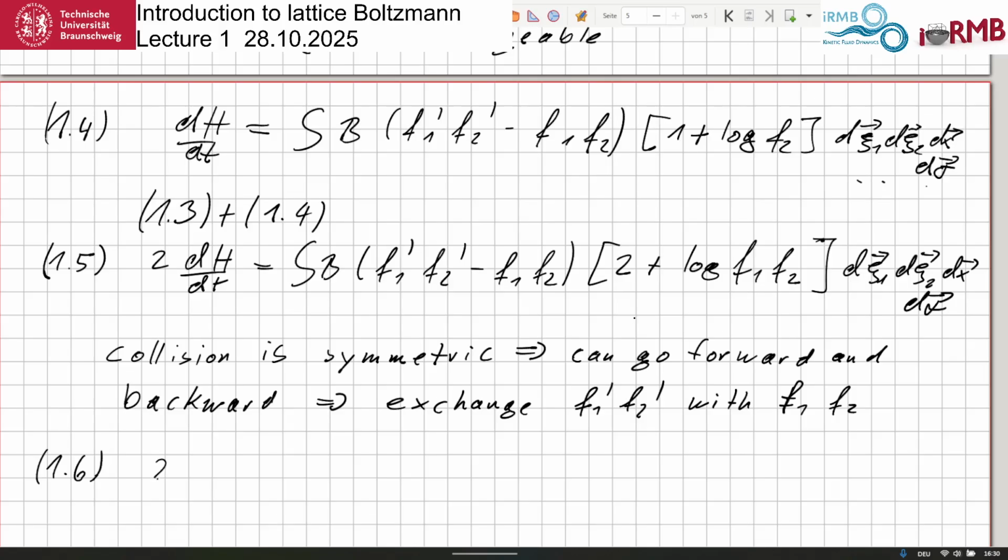So here, dη/dt is B times the integral. Now we turn everything around, so we do just the exchange.